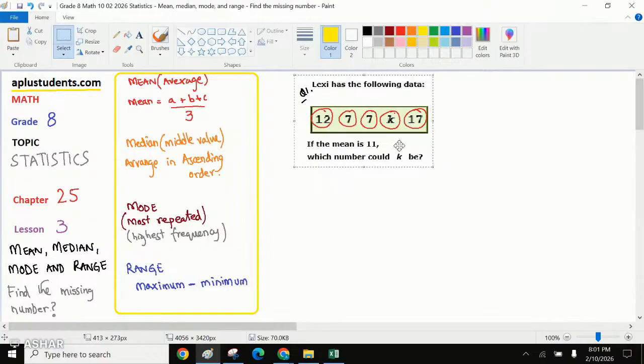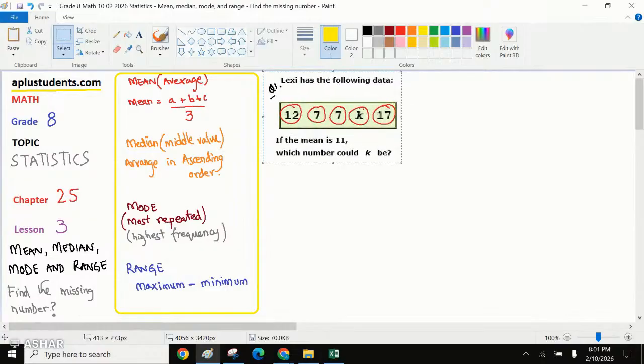The first question says, if Lexi has the following data, and the mean is already given to us. If the mean is 11, which number could be k? We need to find the possible value of k.